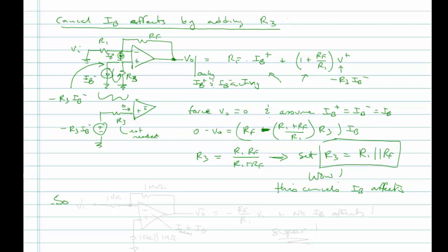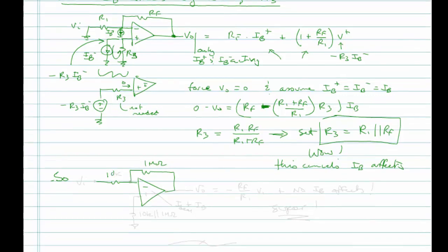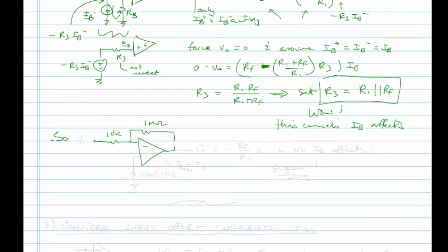So we could still use the 1 meg resistor. So let's do that. Say we had 1 meg ohm, and we had 10K here, and we have VI. And now all we're going to do is right here, we're going to set this resistance to be 10K in parallel with 1 meg ohm.